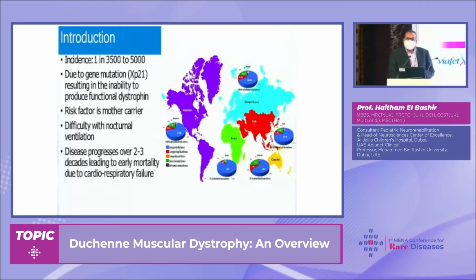In about 2/3 of the cases, the problem is transmission from the mother, but in about 1/3 of cases, it is actually a de novo mutation. It is a progressive disease, and it progresses over 2 to 3 decades, leading to early mortality, mainly due to cardiopulmonary failure.